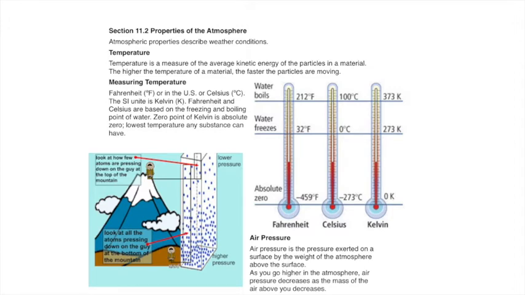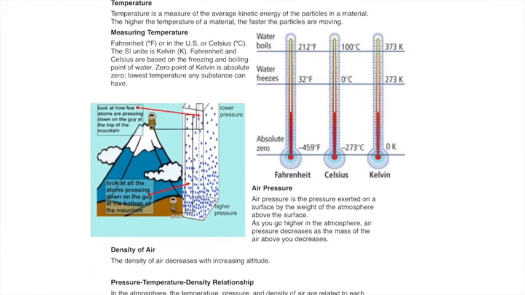So as you go higher in the atmosphere, because there are fewer molecules striking together, it is going to get colder. So with rising altitude, normally in the troposphere, you're going to get cooler temperatures. Also, the air pressure is going to drop. The air is most concentrated at the surface of the Earth.